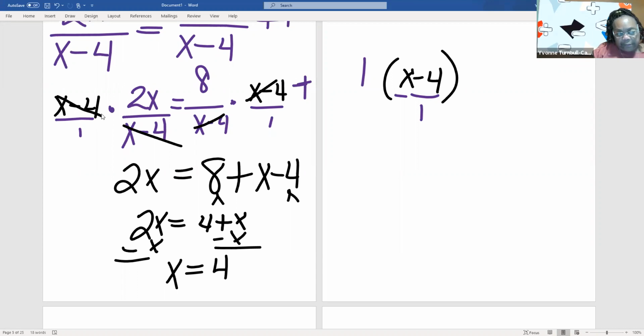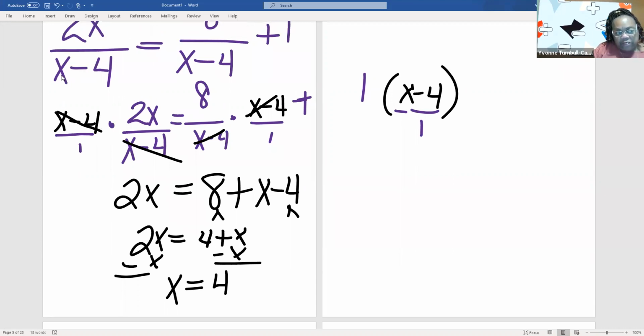So if x equals 4 and I plug it in here, what is 4 minus 4? 0. And when 0 is a denominator, it means it's what? Undefined. So even if you don't go all the way back and check it, you need to. Because it's not always going to be what you think it is.